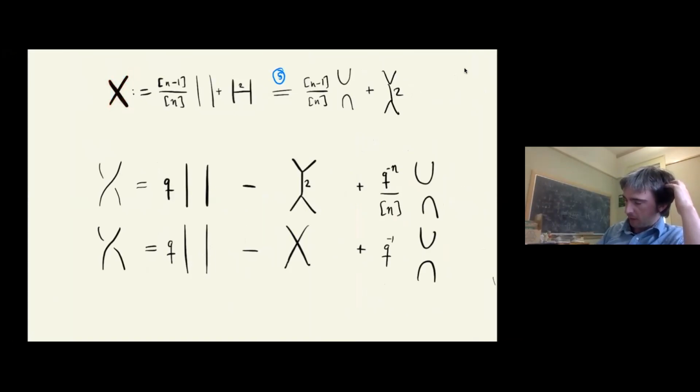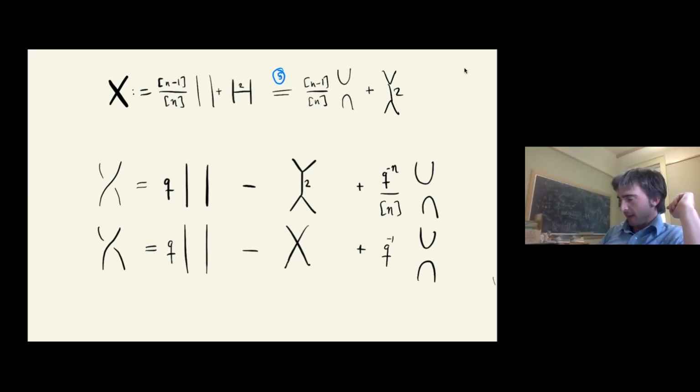So there's going to be this other diagram X, which isn't in our presentation, but one of the relations that we had was that you could take this diagram and write it as a linear combination of 3 things, one of which lowered the label.